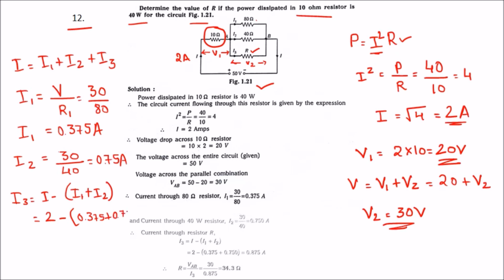Calculating this, we get I3 equal to 0.875 amps. Using this, we can calculate the value of R, that is 30 divided by 0.875, which is nothing but 34.3 ohms. This is what is given.